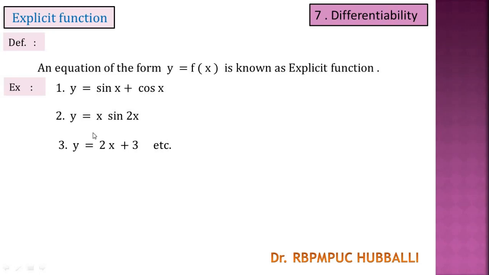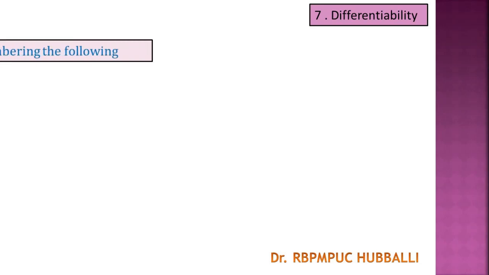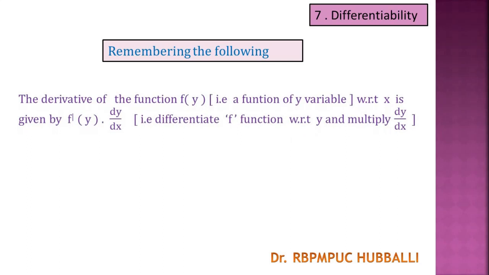Next, to write the derivative, remember one rule. Whenever in an implicit function we have y variable functions, remember students, the derivative of the function f of y. In implicit functions, both x variable and y variable terms will be there.